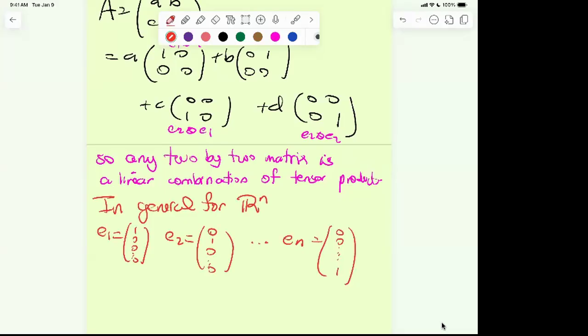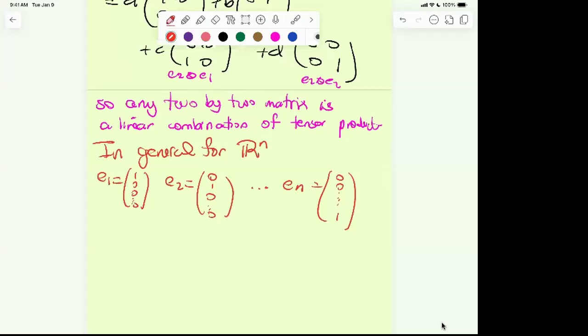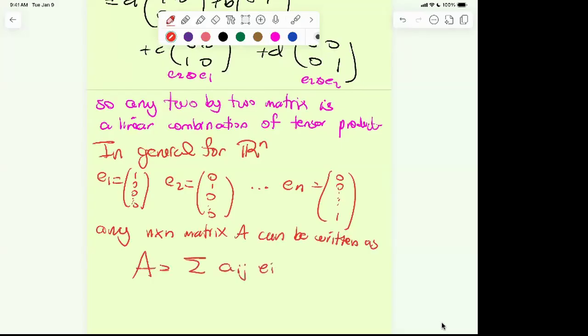And if you were to take all the possible tensor products here, then any n by n matrix can be written as A equals the sum of Aij, Ei tensor Ej, in the same way as here.